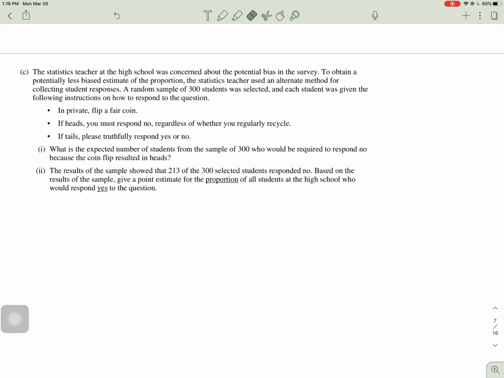Part C says the statistics teacher at the high school was concerned about the potential bias in the survey. So to obtain a potentially less biased estimate of the proportion, the statistics teacher used a different method. They took a random sample of 300 students, and each student was given the following instructions on how to respond to the question.